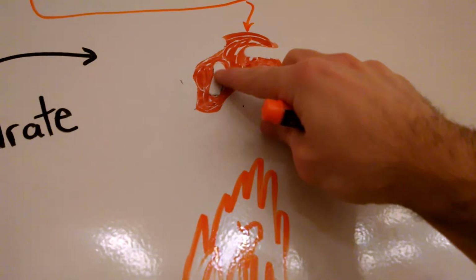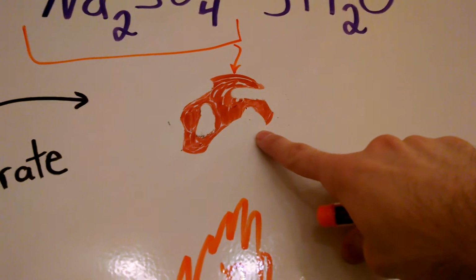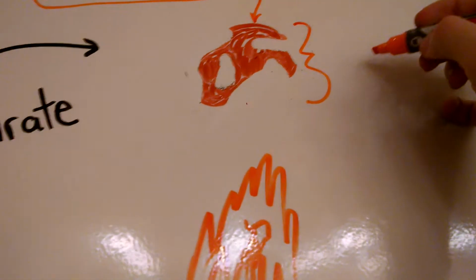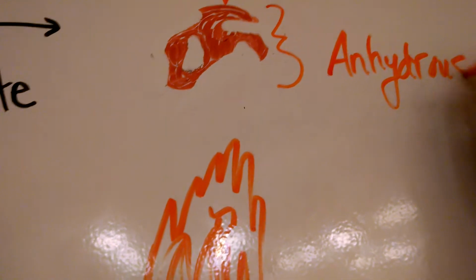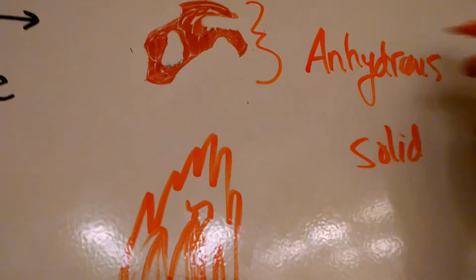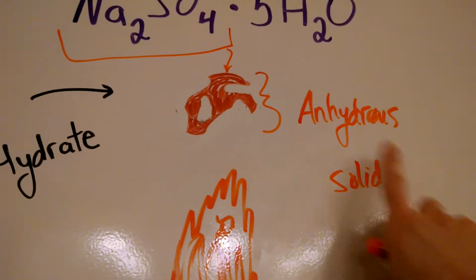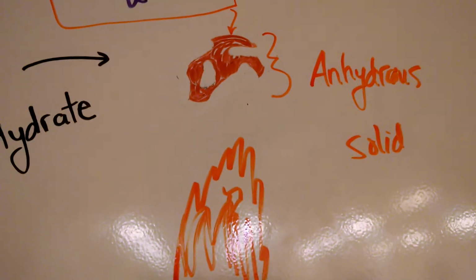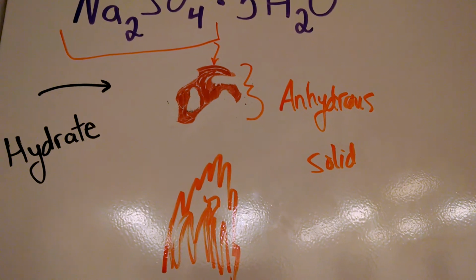And what you'll end up getting is just this compound. Now eventually, again, all those waters will go away. You'll be left with just the sodium sulfate, which is something called an anhydrous solid. So in lab, we're going to basically try to figure out the percent water through experimentation using this method. And I've got some numbers in a data table in a little bit.